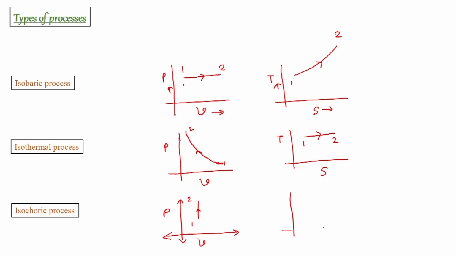The TS diagram for a constant volume process would be similar to that of a constant pressure process, but it will be steeper. So, this is the 1 to 2 process for heat addition, or there can be a 2 to 1 process for heat rejection in the constant volume sense. As the name suggests, we have different processes which a system would undergo.